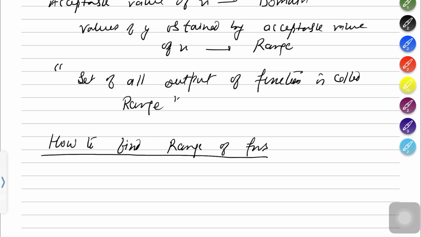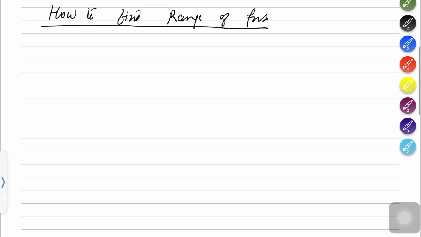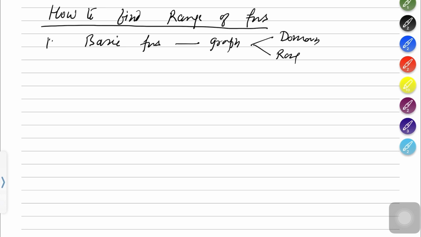Okay, so there are a few methods. Broadly, I classify the range of functions like this. First, there are some very basic functions. If we have a basic function, we should know the graph. Using the graph we can find the domain as well as the range of functions.